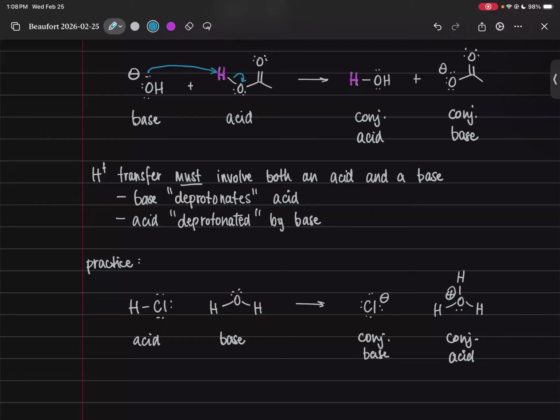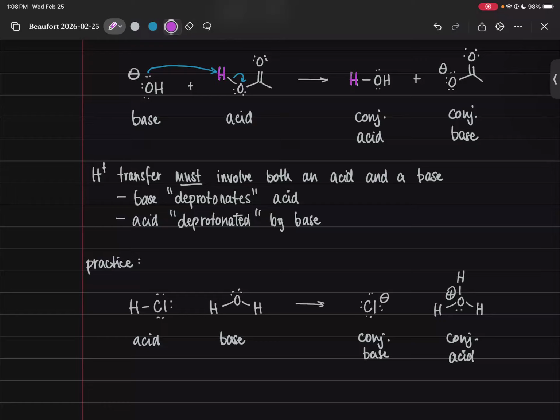Okay, does our first arrow start on the HCl or the water? So we started with the base and drew an arrow to the acid. All right. So let's start at the base and draw an arrow to the acid.